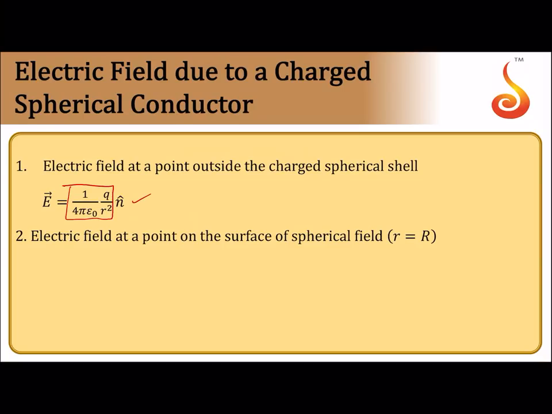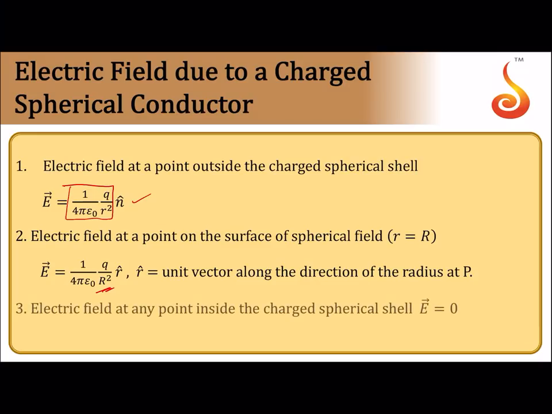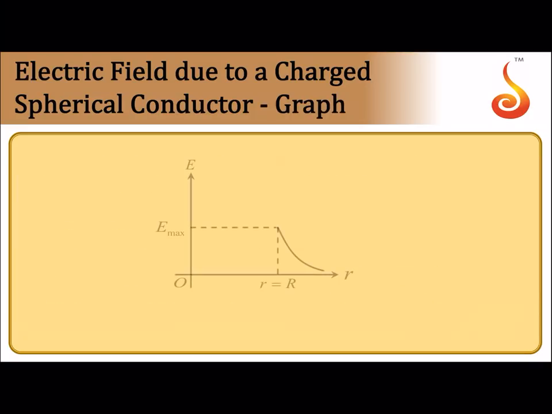On the surface of this sphere, it is q by R square, where capital R is the radius, and inside the electric field is 0. And here is the graphical representation. Observe that I am at the center, the electric field inside is 0, and I go from center to the surface, the electric field still remains 0.